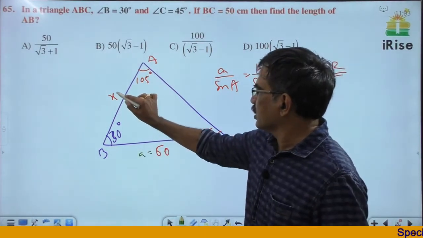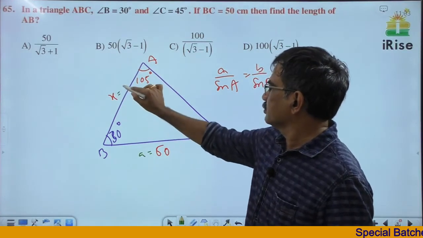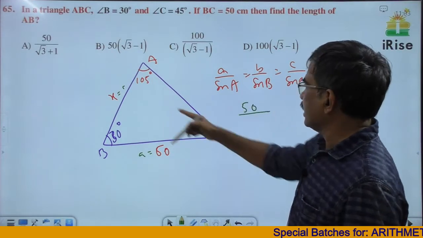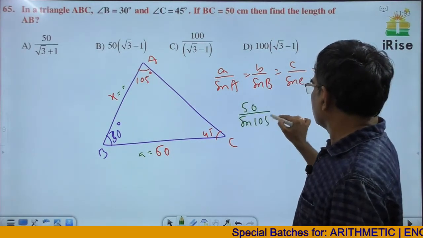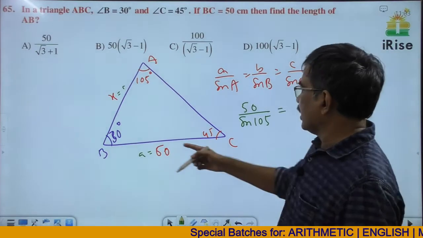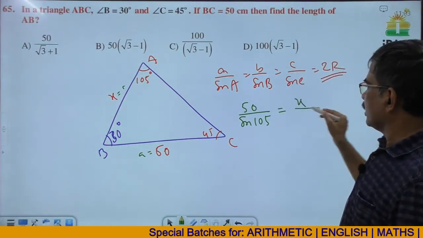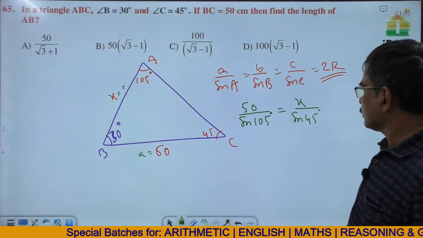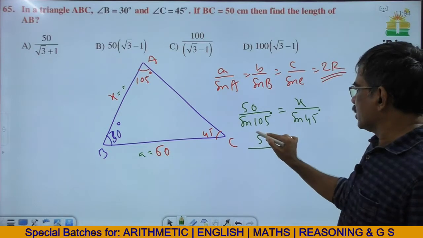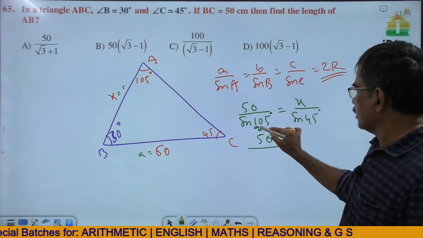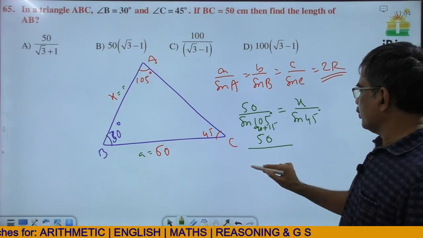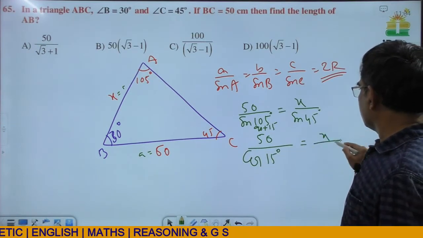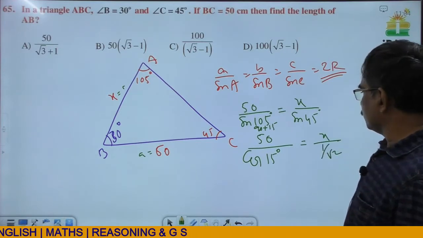Opposite to C, this is considered as small c. 50 by sin 105 is equal to c, which is x, by sin 45 degrees. 105 can be written as 90 plus 15. Sin 90 plus theta is cos theta. So 50 by cos 15 degrees is equal to x by sin 45, which is 1 by root 2.